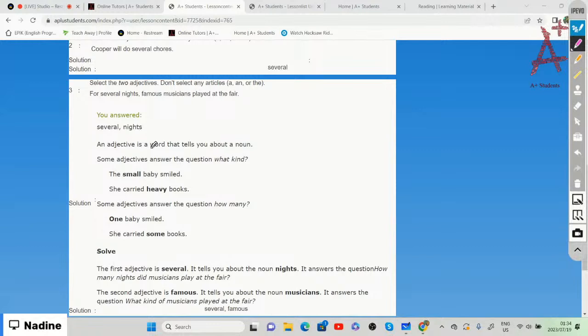So if we choose our two adjectives within the sentence, we can say several and famous. Several is telling us about nights, and that tells us how many nights. And famous tells us what kind of musician played at the fair. So it's a famous musician and several nights. How many nights? Several nights.